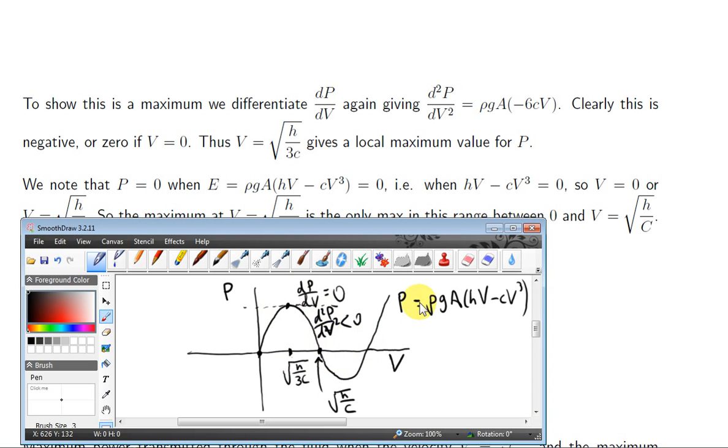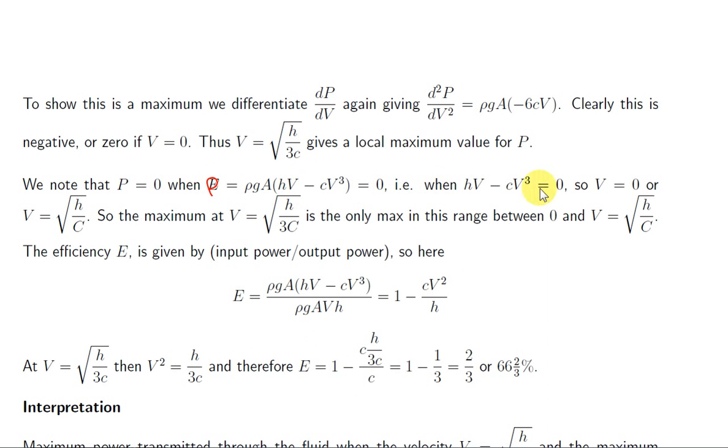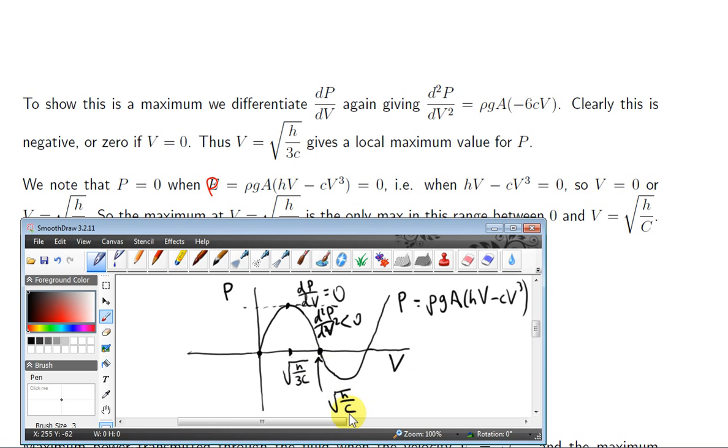if we solve the equation P equals 0 to find out what value of v makes P 0, we get root h over c. So setting P equal to 0 here and solving, we obviously get v equals 0, and the other value of v is root h over c. Root h over c is greater than root h over 3c. So for values of v greater than root h over c, P is negative. So actually our model, I think, only works for values of v that make P positive.